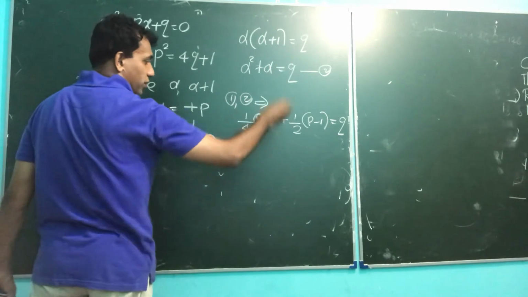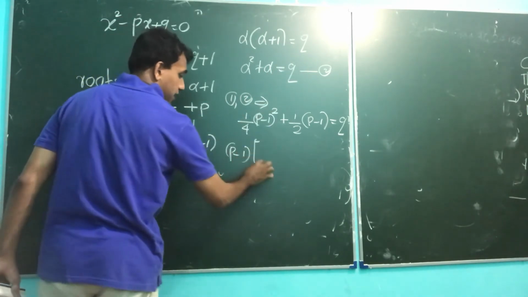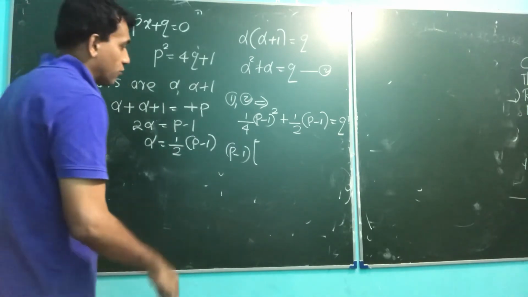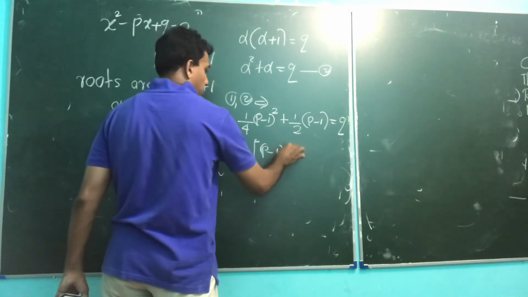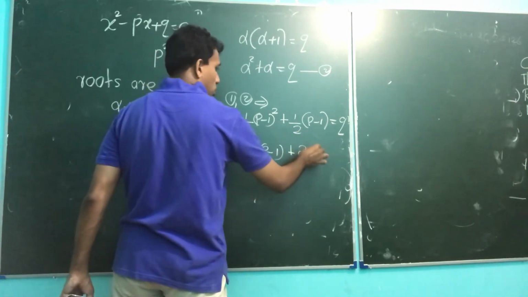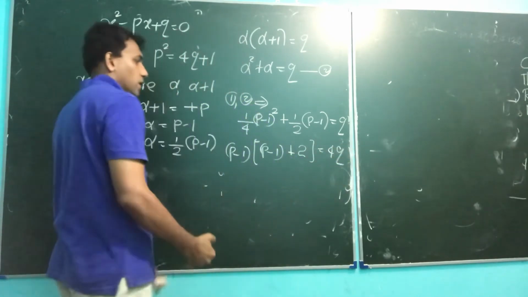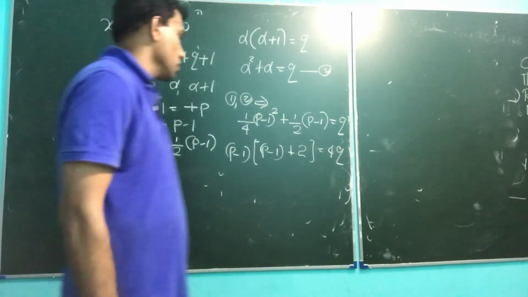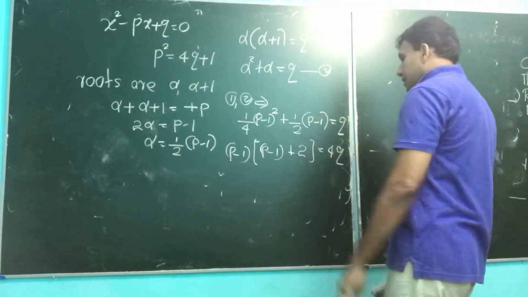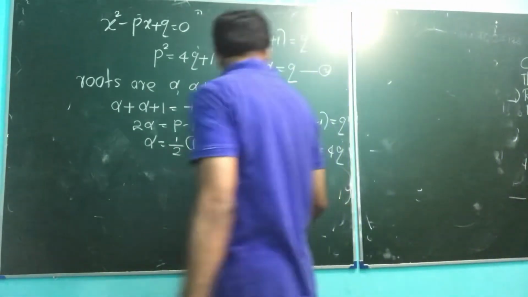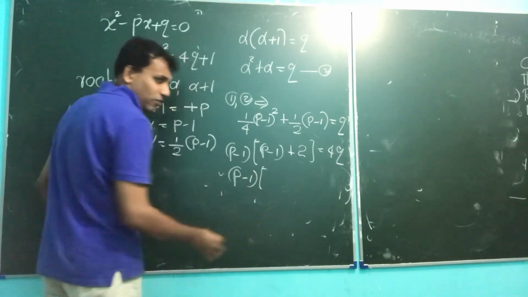So you multiply 4 here, multiply 4 and take the p minus 1 out. Take the p minus 1 out and multiply 4. This is p minus 1 plus here 2 into, okay, and that side 4q, right? I took the p minus 1 out, then here multiply 4 also. So always follow a simple method.